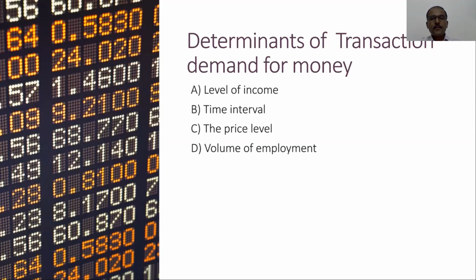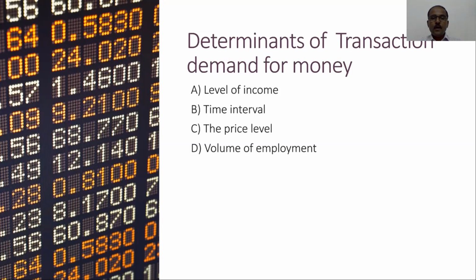And in order to buy that large number of goods and services, he needs to possess a lot of money in his home or in his bank account. So the higher the level of income, the more the transaction demand for money, and vice versa.